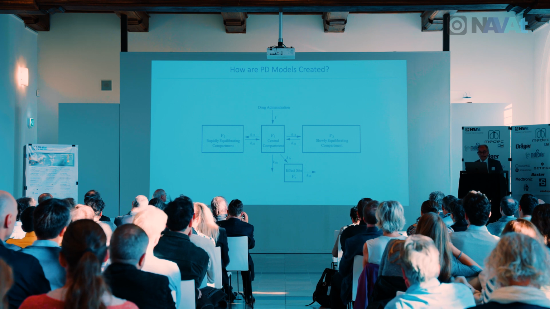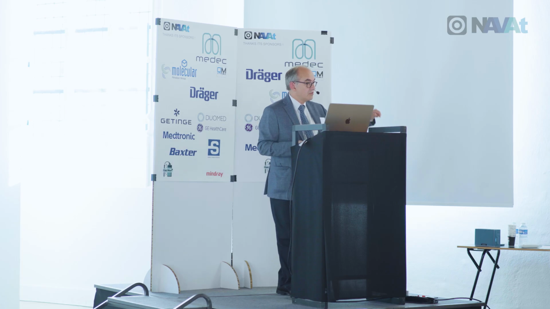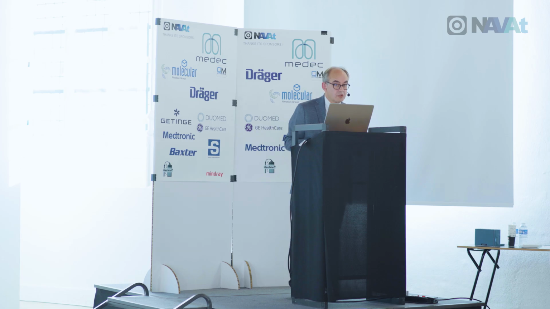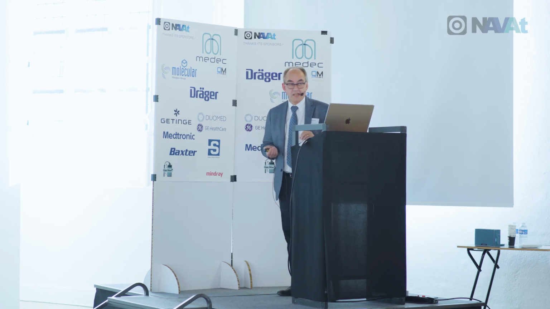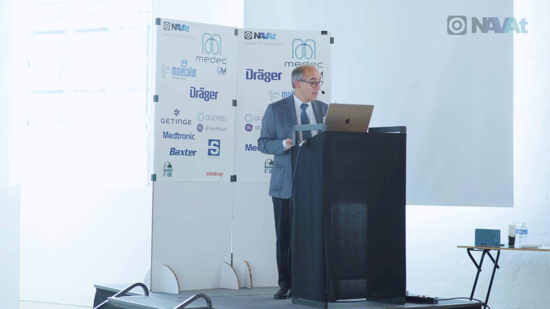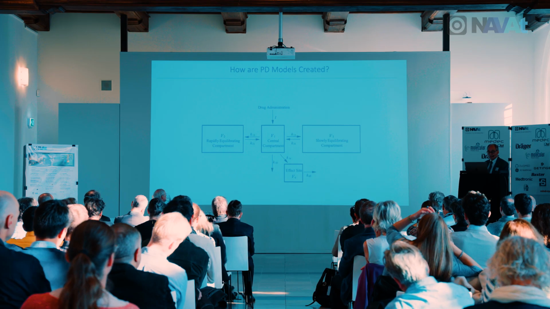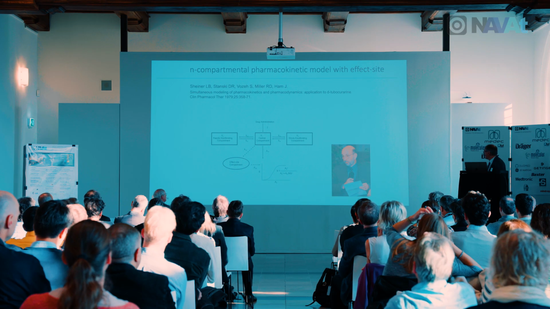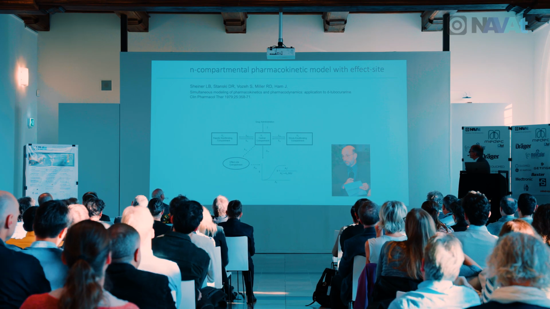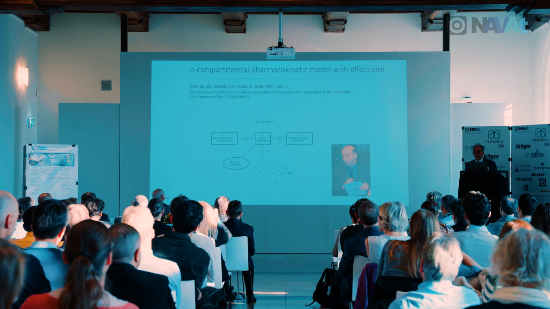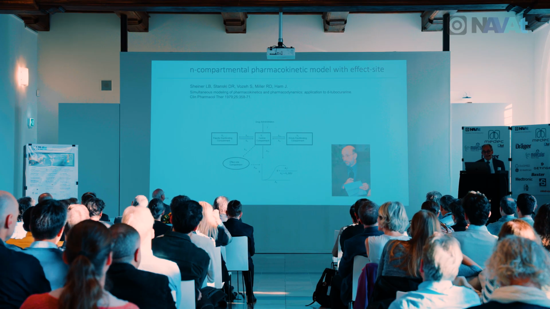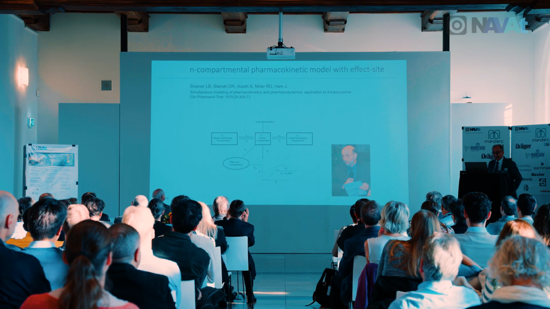So in fact, if you have the 5 components, E0, Emax, the slope of your curve, and your EC50, plus the Ke0, you have everything you need mathematically to make a combined PK/PD model. This was, in fact, invented by the group of Lou Scheiner at UCSF at the end of the 70s and was first applied to muscle relaxants.